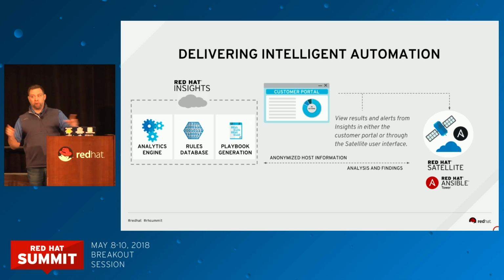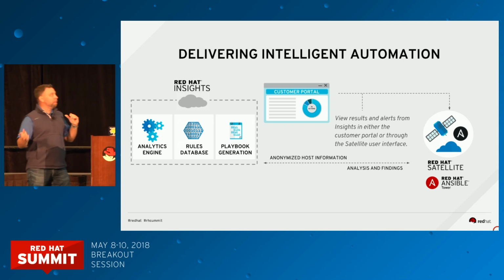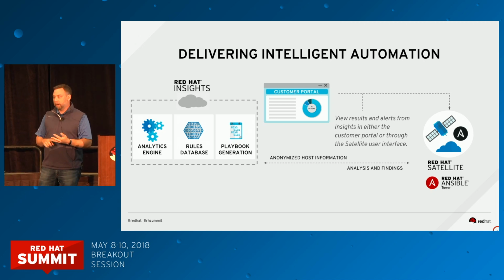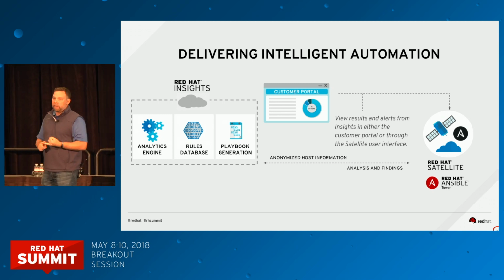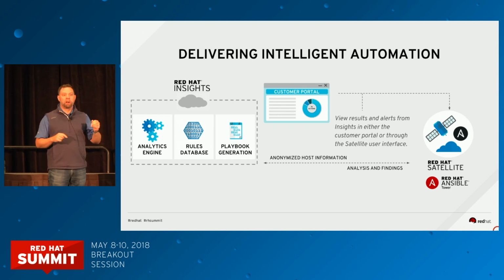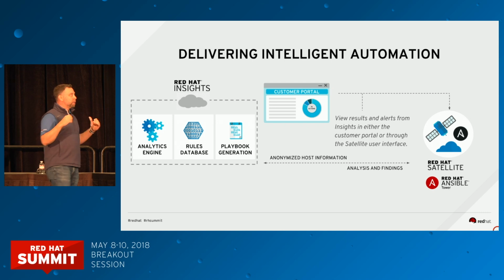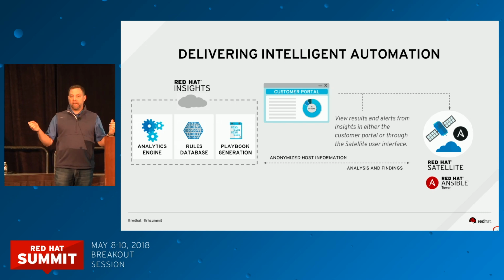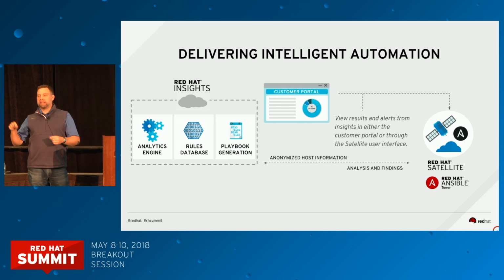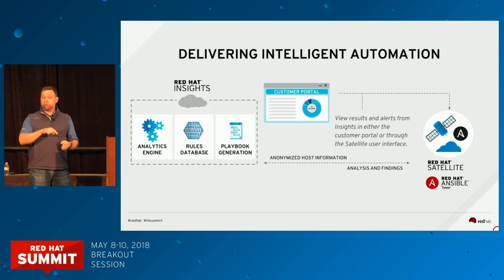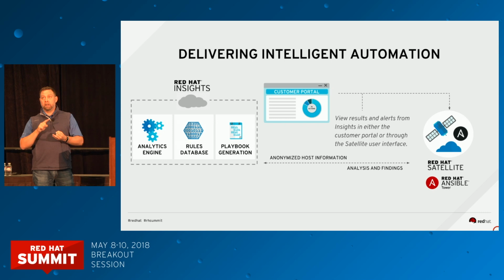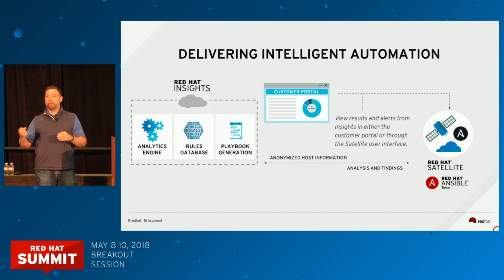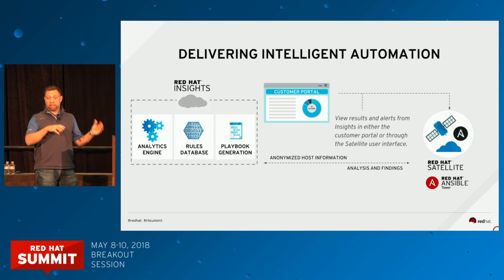This is my last slide before I turn the floor over to John here. The main theme that you should be taking away here, and part of the keynote yesterday, was this idea of intelligent automation. So Red Hat is going to provide analytics based on data that we get from our customer base and allow you to automate based on that analysis. What you saw yesterday was we could automate those types of actions from the cloud based on what Insights was telling us.